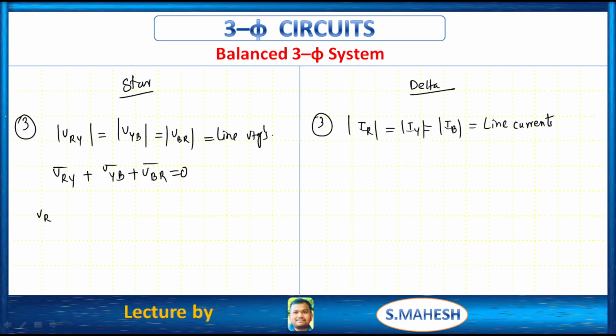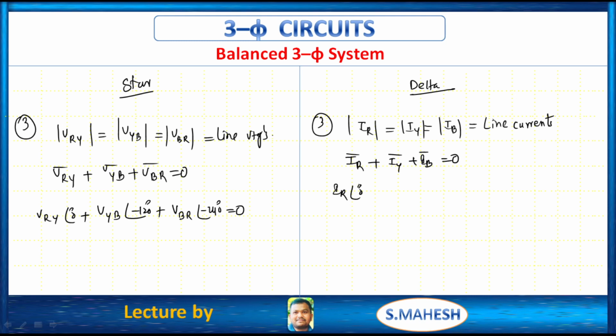That is, VRY at an angle 0, VYB at an angle minus 120 plus VBR at an angle minus 240, which is equal to 0. Like that, IR plus IY plus IB is 0. Therefore, IR at an angle 0, IY at an angle minus 120 plus IB at an angle minus 240, which is equal to 0.